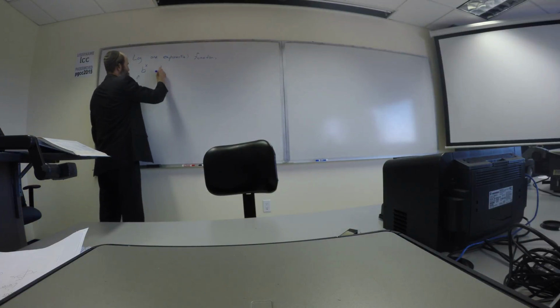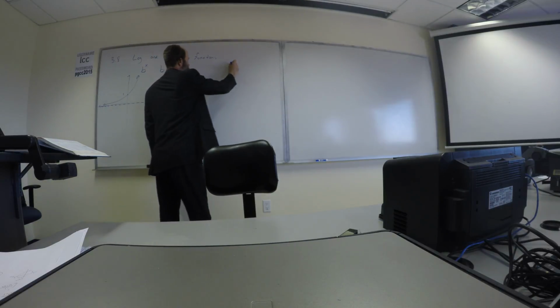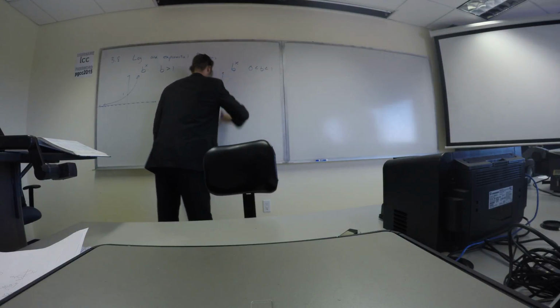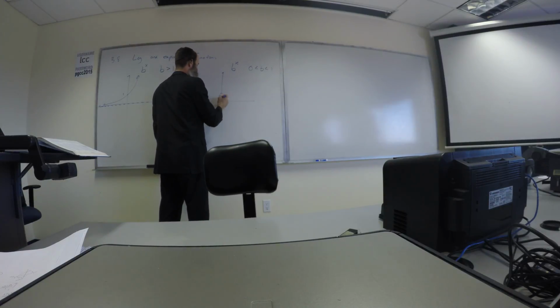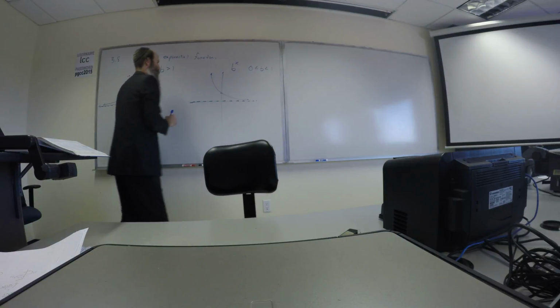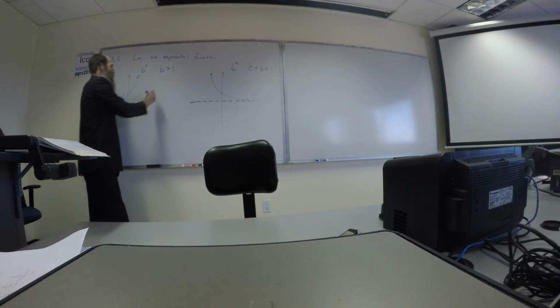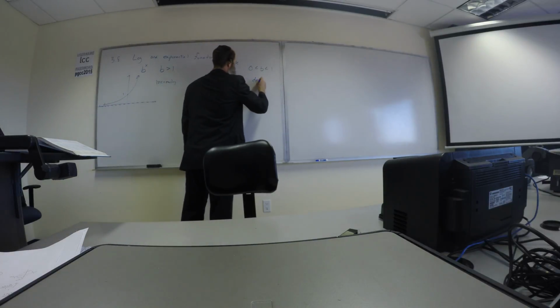There are exponentials where the base is greater than 1, and there are exponentials where the base is between 0 and 1. The difference is the function increasing or decreasing? The asymptote is the same. There's your two pictures. This one is increasing. This one is decreasing, always.